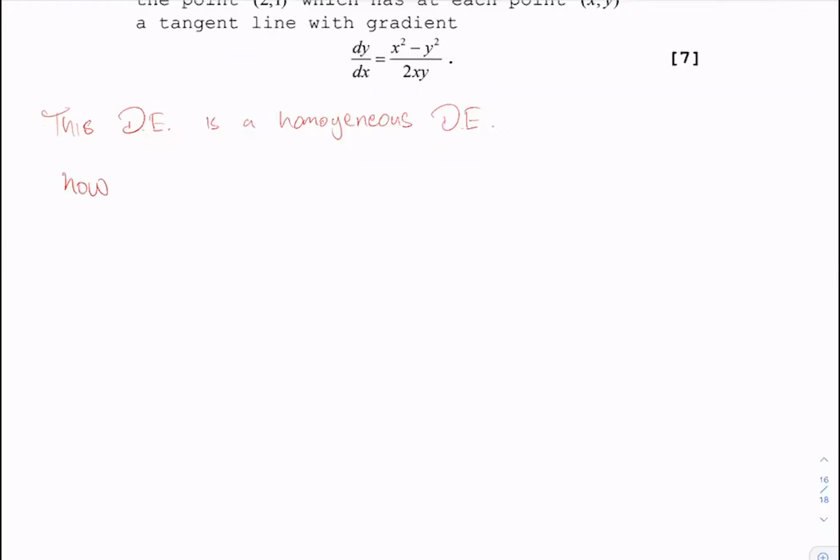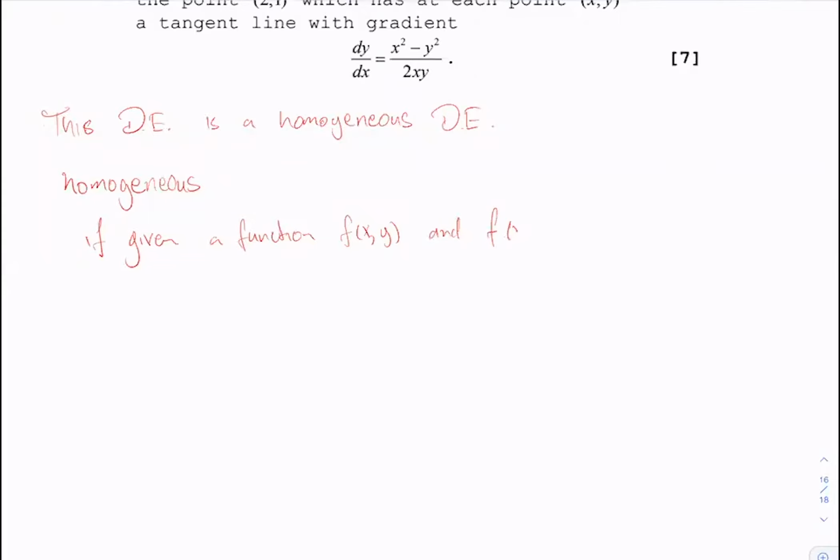So let's say that you have a function f of x, y. Let's write this out properly.